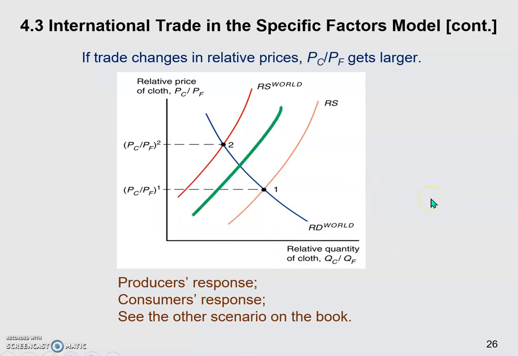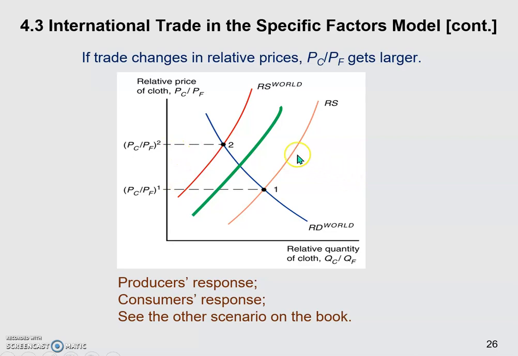Another thing I would like to challenge you with is this. In our discussion, we said that after trade, the domestic relative supply curve tends to go that way, and so the relative price of cloth would increase all the way from the 0.1 level to the 0.2 level.